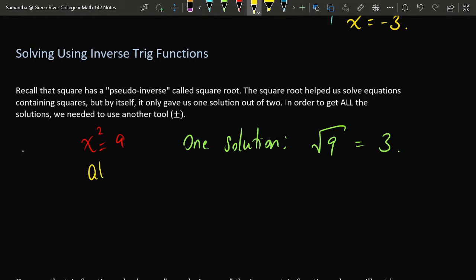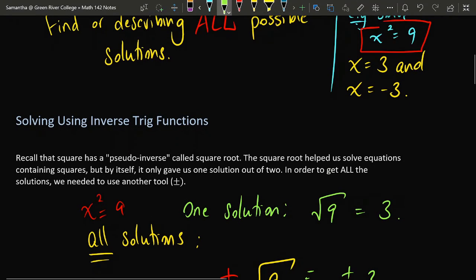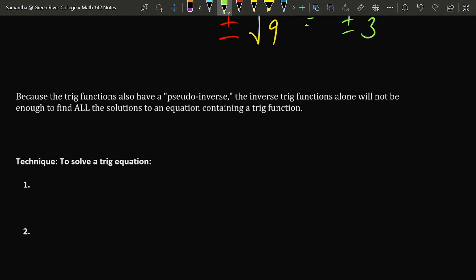But to get all solutions, to actually properly solve this equation, I need to use the square root tool together with another tool, plus minus. This will get you plus or minus 3, and that will get me the two solutions, positive 3 and negative 3. Now, when I'm solving an equation that has a trig function in it, for example, sine of x is equal to 1, the inverse sine function, the arcsine function, will get me one solution.